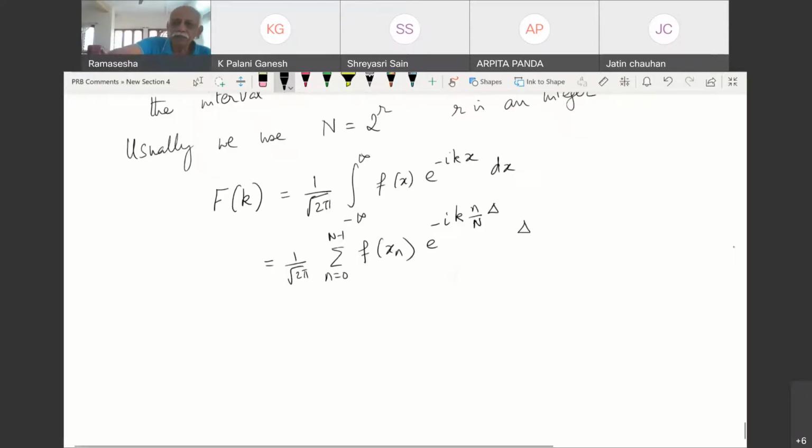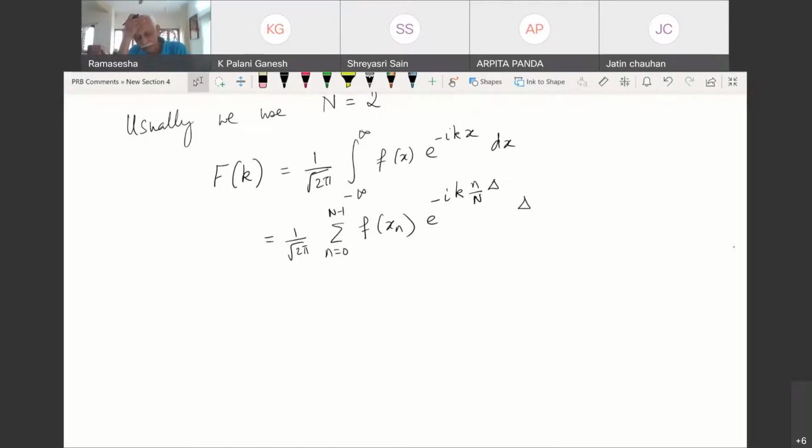This is a way of writing, using the usual Riemann integration formula, the integral as a discrete sum. So this will give me delta upon root 2 pi into the sum over n equal to 0 to N minus 1 of f_n e to the minus ik n by capital N delta, because f of x_n I call f_n. I've taken out the common factor delta.